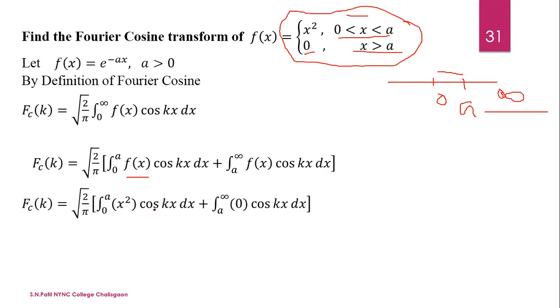We get this simplified term. The second term is 0 here, that is, the integral is constant term under root 2 upon pi, 0 to infinity x square cos kx. Now for solving this integration, we use the generalized by parts rule.